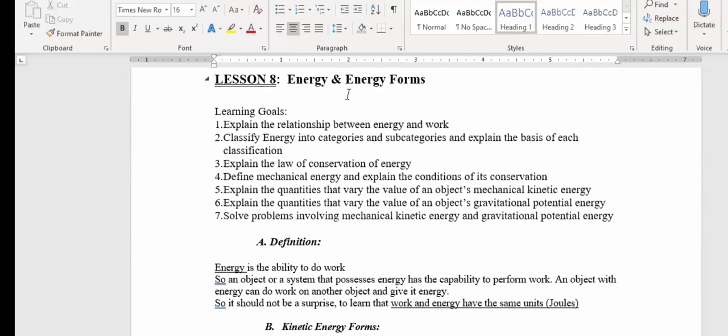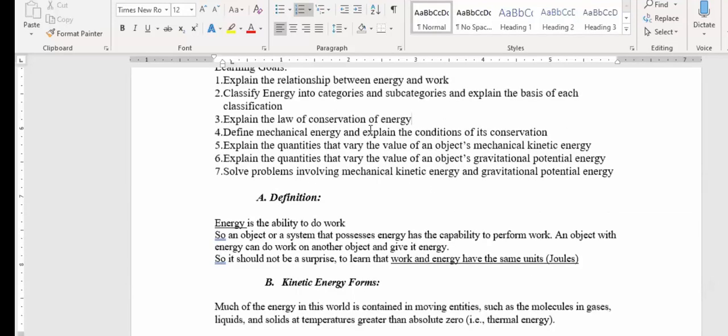This is actually the core of this unit. It's over energy and energy forms. We'll explain the relationship first between work and energy. We'll classify energy into different categories and subcategories. And then we'll explain what we mean by the law of conservation of energy. Also, we'll define mechanical energy and explain the conditions of its conservation.